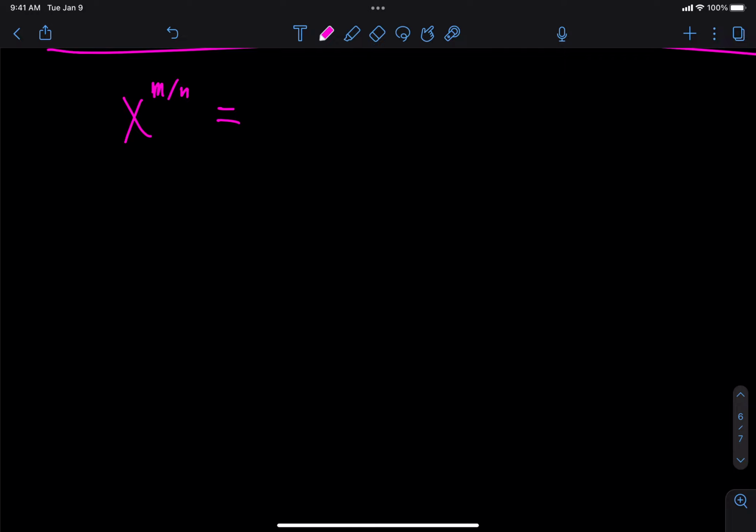It could be an nth root, for example. So in this case, the denominator represents the root. Here's how you can see that. You can rewrite this as x to the m to the 1 over n, and the 1 over n power is the same as the nth root. So this is x to the m being nth rooted, if you want.